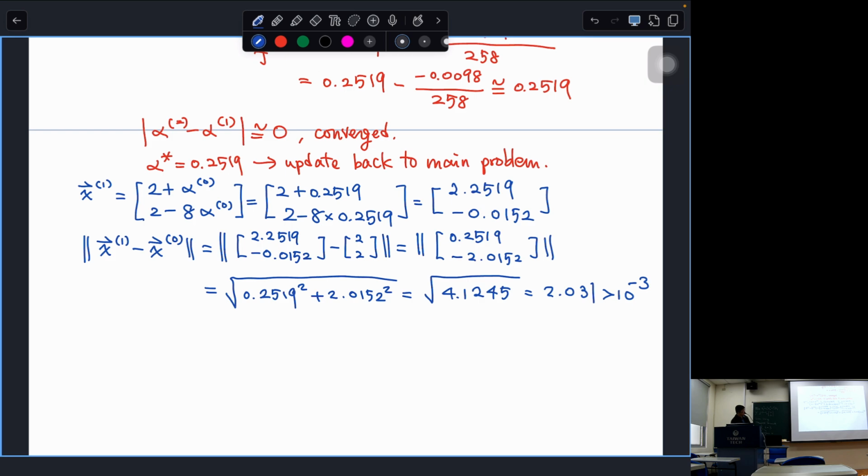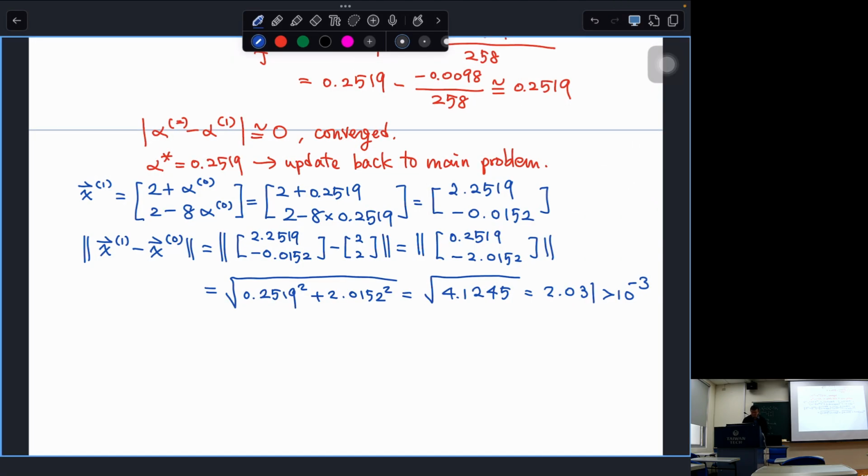So if you really do some calculation for this, you find that the difference between the current one and the previous one is not yet converging.